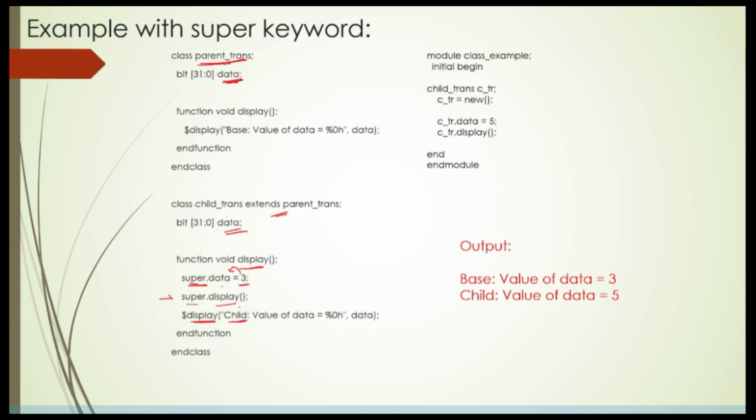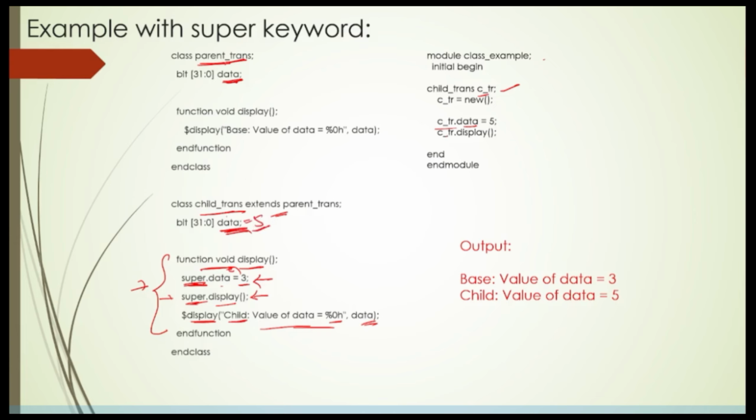This is the display for the child class: value of data equals %h and data, and then the end of the function. Within the child class, I am calling my parent class handle by using the super keyword. Within the module I have created only the handle for my ctr, and now ctr.data equals 5, which means I am assigning the value as 5 here.